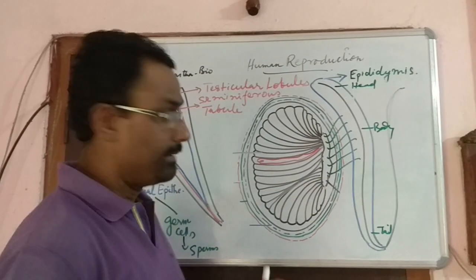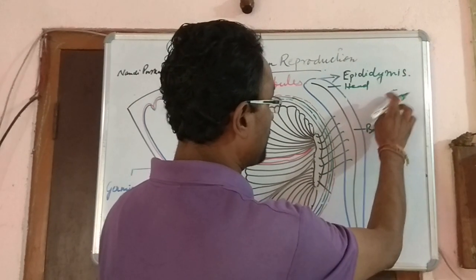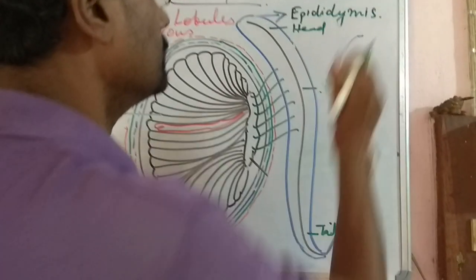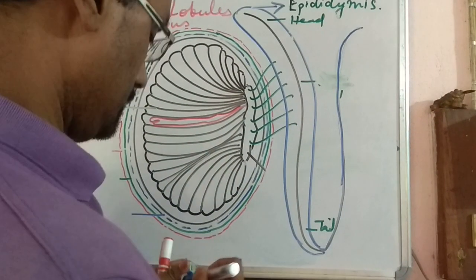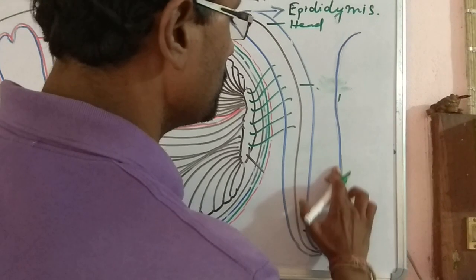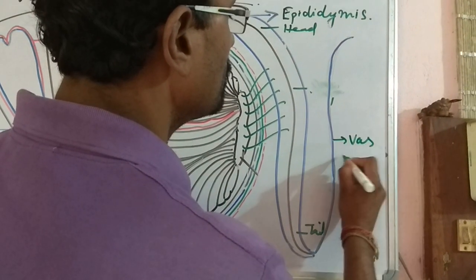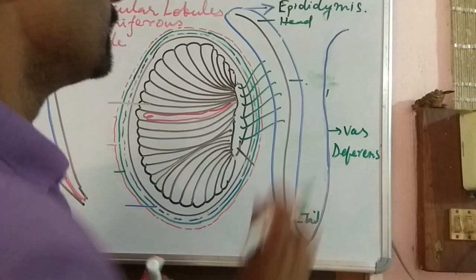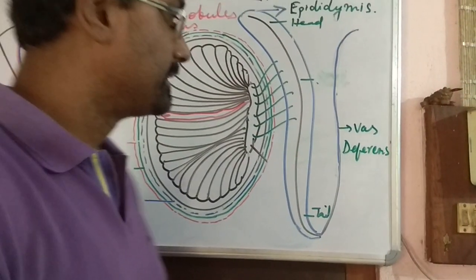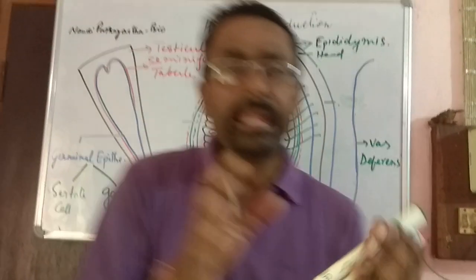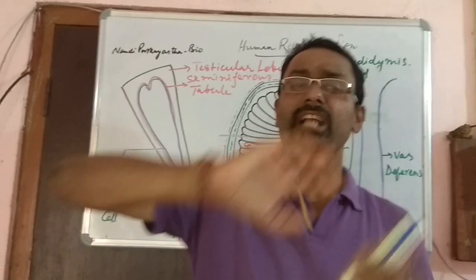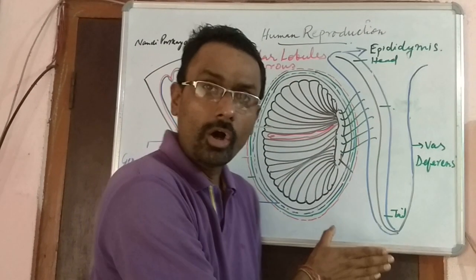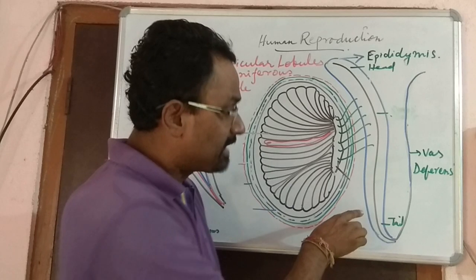Now, this epididymis is linked with another structure. Can you see this one? This one is called vas deferens. Vas deferens is the one which will be taking the sperm outside. Now, the testis is present in the lower abdomen of the human body, and the vas deferens is also placed there.